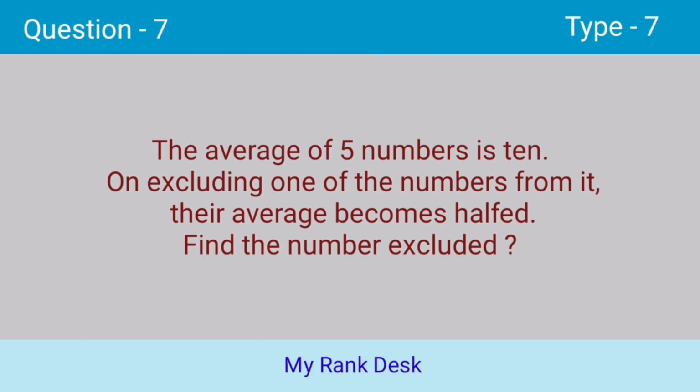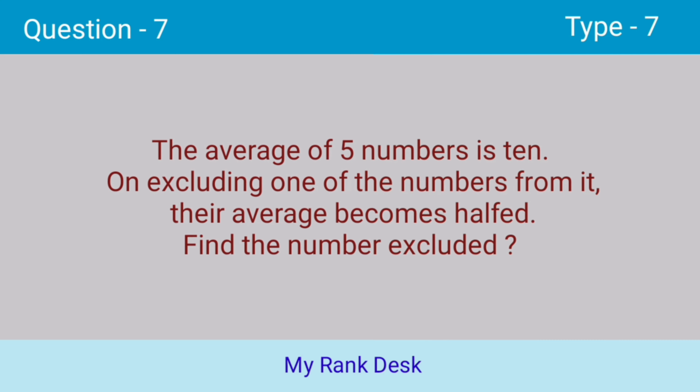In this question, it is given the average of 5 numbers and the average of 4 numbers. From this data, we can calculate the sum of 5 numbers and the sum of 4 numbers. On subtracting the sum of 4 numbers from the sum of 5 numbers, we get a number which is the number excluded from the group of 5 numbers.